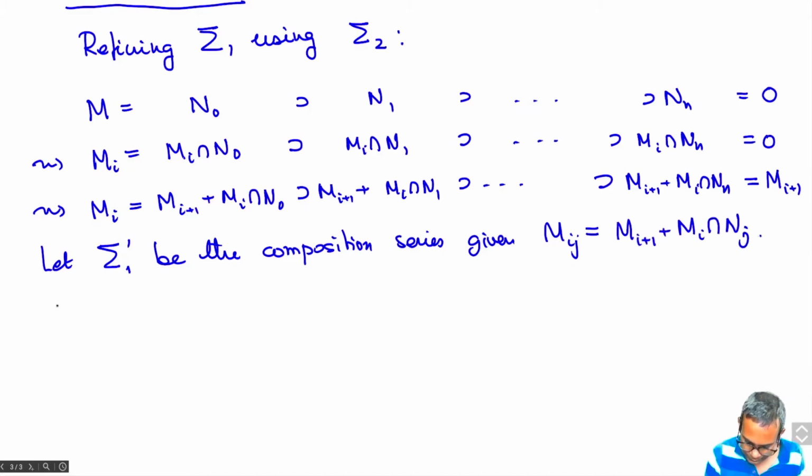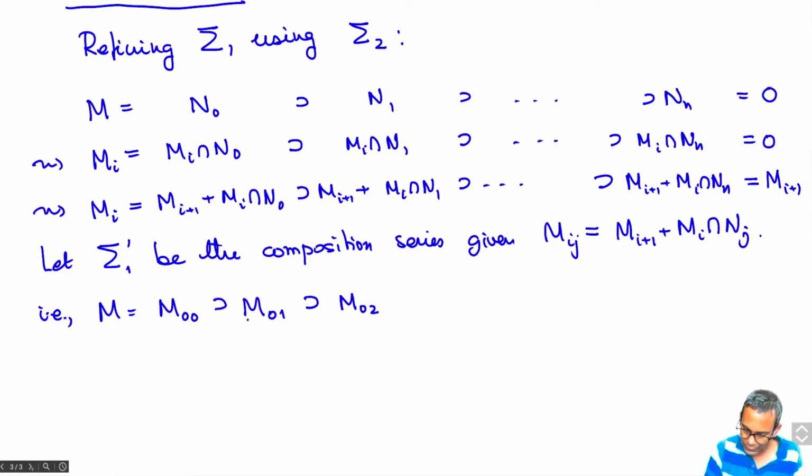So what we write is, first we start with M equal to M00, and that contains M01, that contains M02.